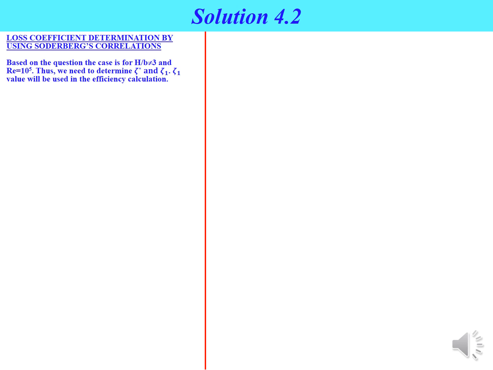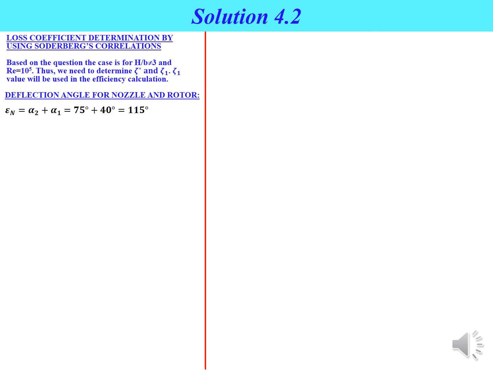Based on the question, the case is for h over b not equal to 3 and Reynolds number 100,000. Thus, we need to determine zeta star and also zeta 1. The zeta 1 value will be used in the efficiency calculation for total to total and also total to static efficiency. First, we need to know the deflection angle for the nozzle and also for the rotor.